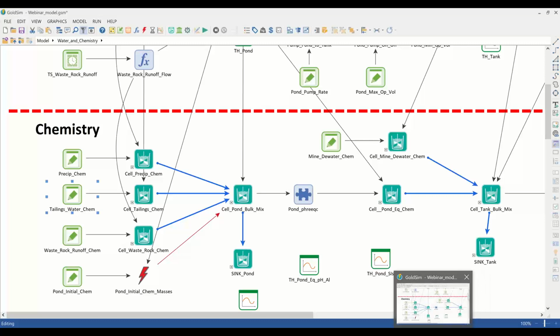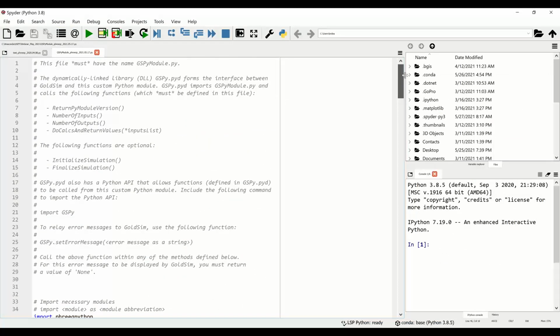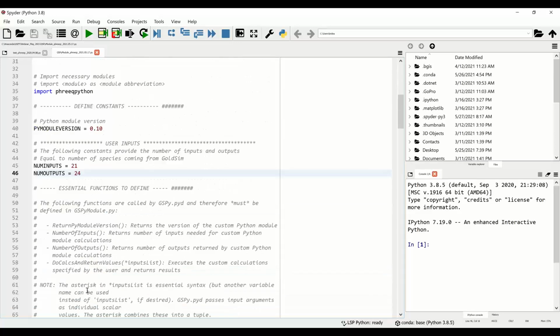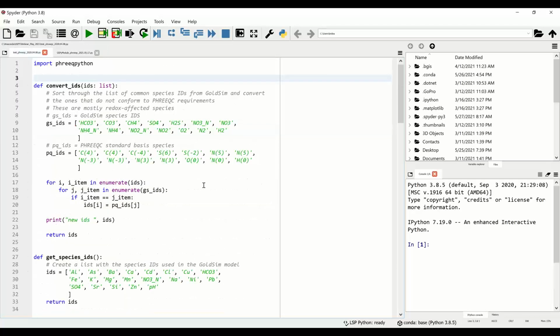Yeah, I forgot to mention this. I'm going to switch over here to Spyder. When I was working on this, it was pretty confusing trying to get it to work because there's not a lot of documentation for PhreeqPython. So I actually wrote some code here. You can see I just have to have at the top, import PhreeqPython.